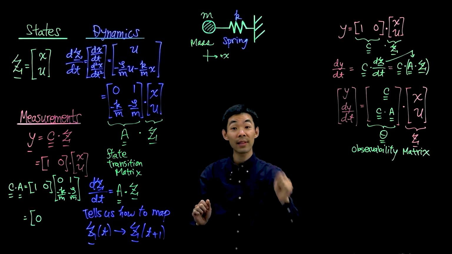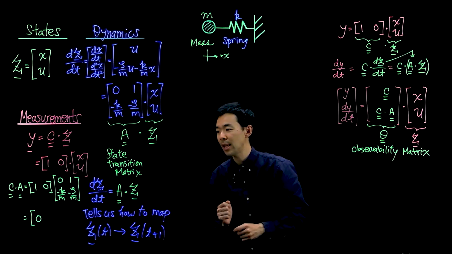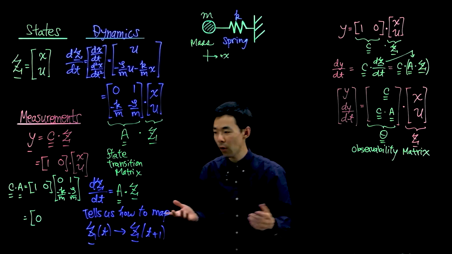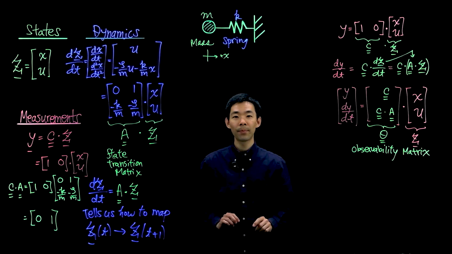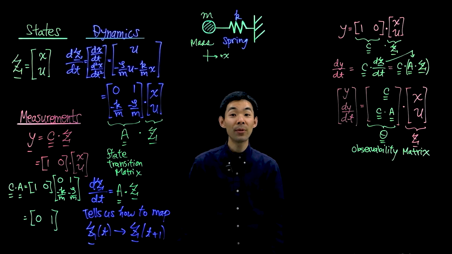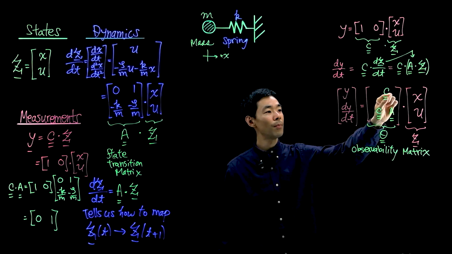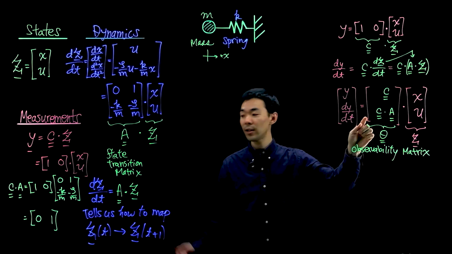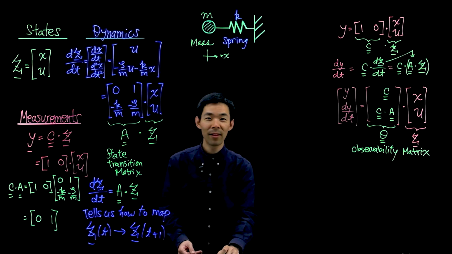Great. Now the second entry is 1 times 1, so we pick up a 1 there, plus 0 times negative zeta over m. Therefore, we just get 1 right there. So now we can write down our observability matrix, because the first row is just 1, 0. The second row is just 0, 1. Let's write that down.